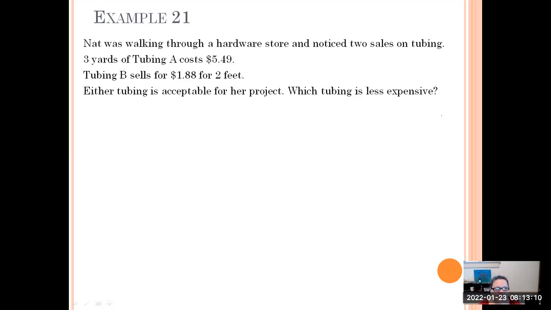Okay. Now I was walking through a hardware store and noticed 2 sales on tubing. 3 yards of tubing A costs $5.49. I'm going to write this down. Tubing B sells for $1.88 for 2 feet.